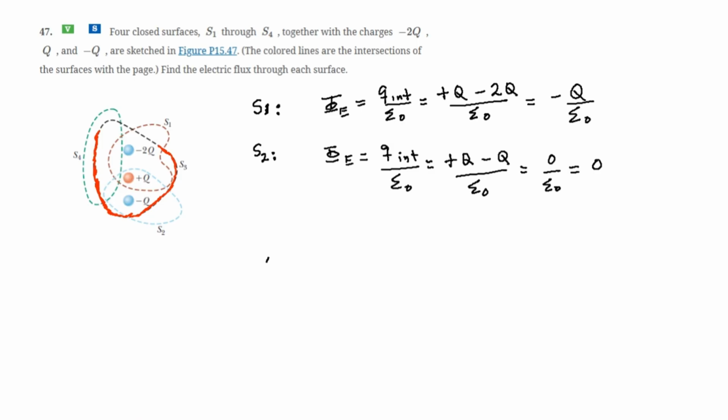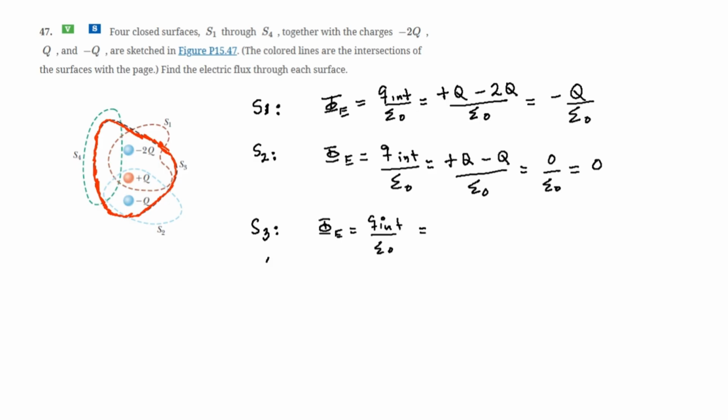And then let's see which are the charges inside the surface S sub 3. So we know that the electric flux is equal to Q interior over epsilon sub 0. Now, what is Q interior here?